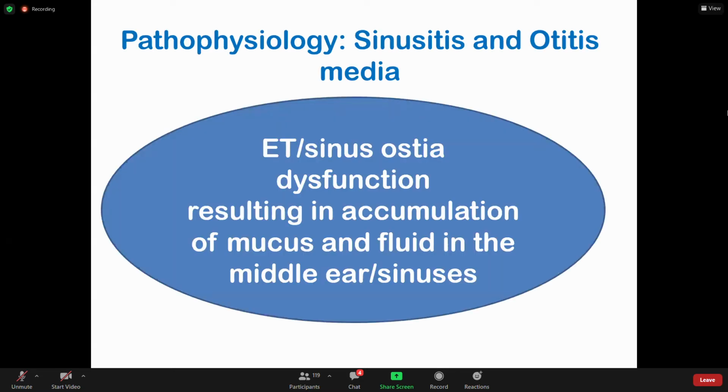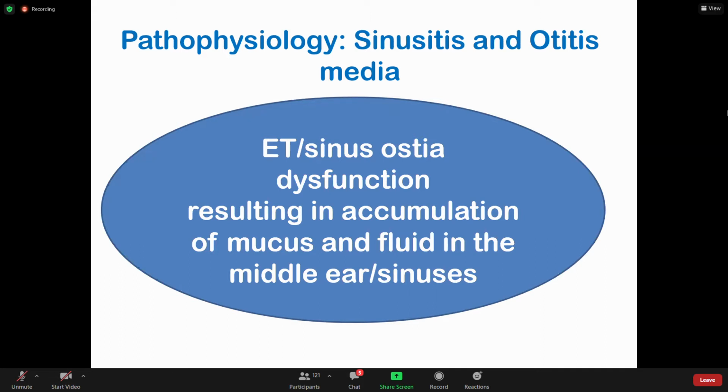So what gives rise to these conditions? The basic pathophysiology of both sinusitis and otitis media is associated with a dysfunction of either the eustachian tube, ET, or the sinus ostia. Now, from your anatomy, you know these are passageways through which you can have secretions drained away from the structure. With eustachian tube, you can have drainage of secretions into the oropharynx.